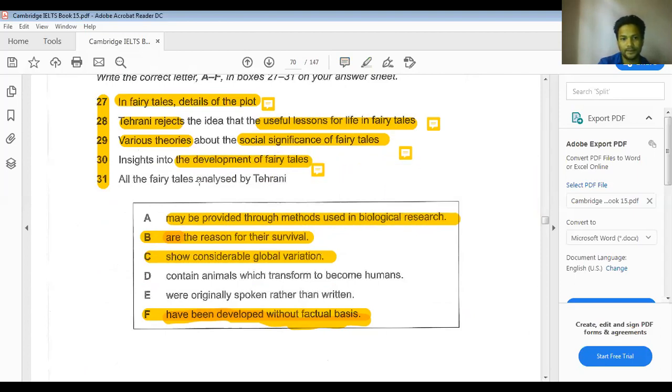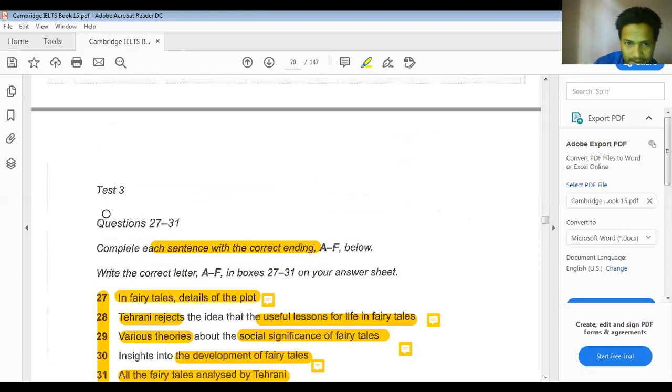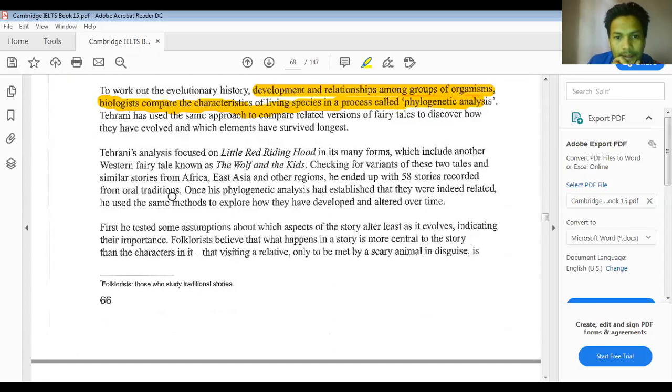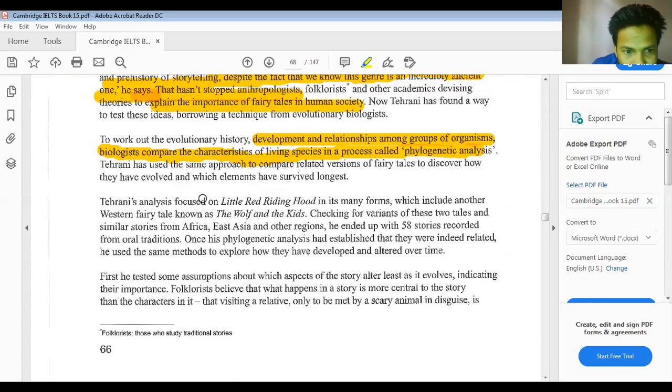And then, all fairy tales analyzed by Terani. Okay, let's try. All fairy tales analyzed by Terani. What did he analyze? Okay, Terani analysis, here is the keyword.